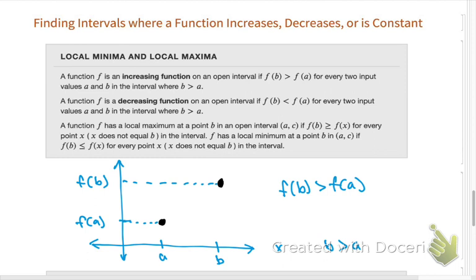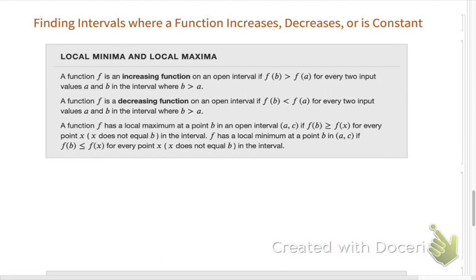Okay? All right, so what about decreasing? A function's decreasing in an interval if f of b is less than f of a, so the y-coordinate at b is less than the y-coordinate at a, if for every two input values a and b, b is greater than a. So again, here's my set of coordinate axes, x-axis, y-axis. I have two inputs a and b where b is larger.